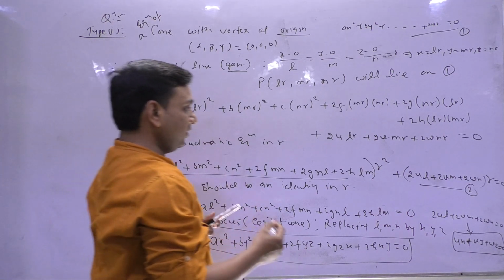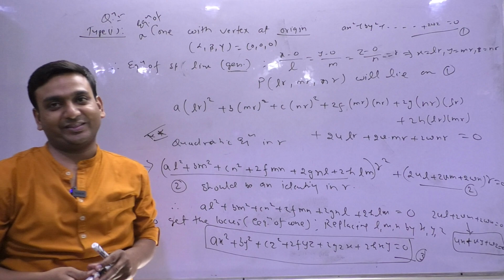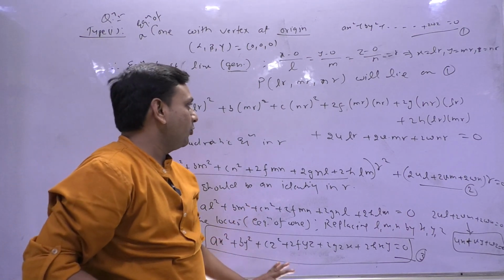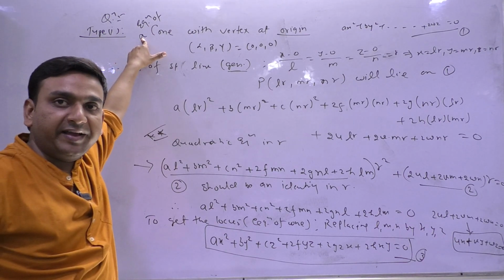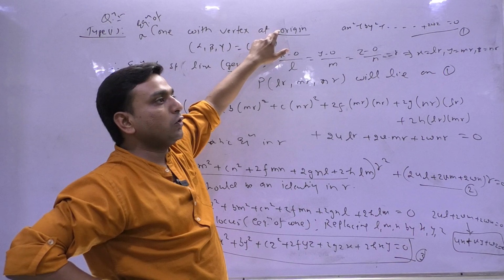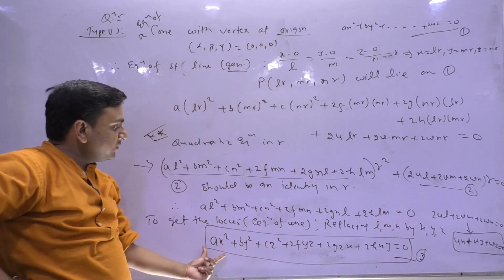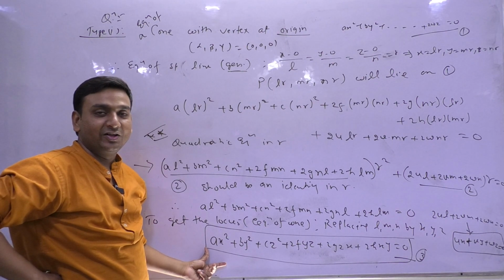This is the most interesting and most important part for this cone. What we have shown is that if we try to find the equation of a cone with vertex at origin, then it comes out like this. Is that clear?